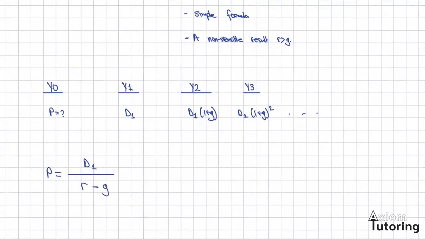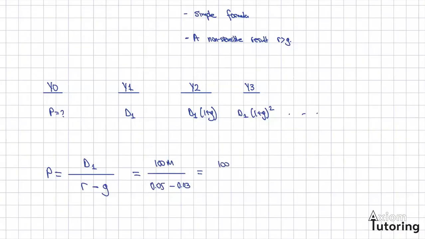So what's the intuition here? G is a small number. By subtracting away a smaller number, by small number I mean less than 1, we're going to make this bigger. So for example, let's say you have a company that's paying you 100 million in dividends, and you want a 5% discount rate, and you believe that those dividends are going to grow at, let's say, 3%.